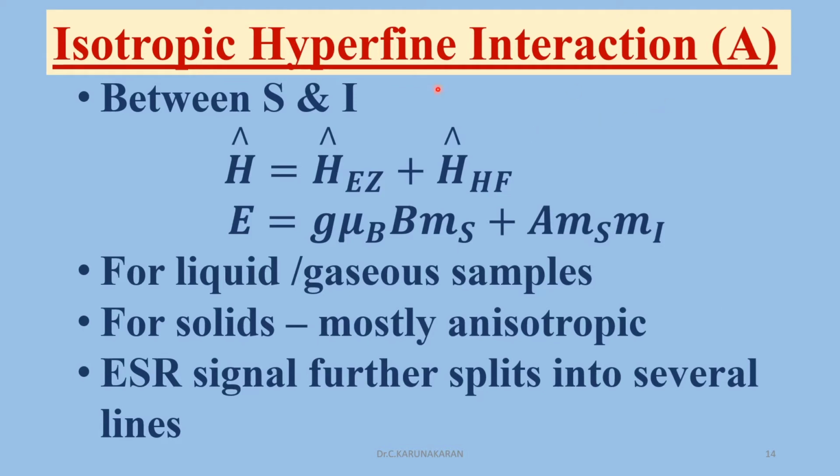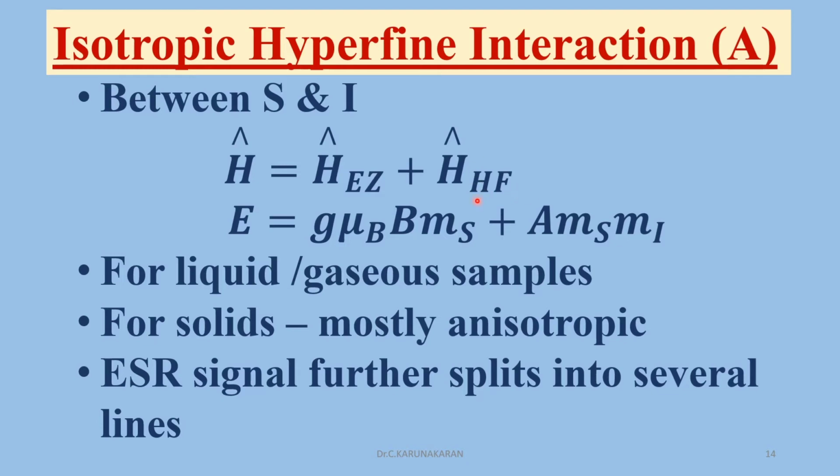Similar to the spin-spin coupling constant in NMR, in ESR we have hyperfine coupling interaction, hyperfine splitting. It is represented by A, whereas in NMR it is represented by J. It occurs due to the coupling between the electron spin magnetic moment and the nuclear magnetic moment. We will see further. The spin Hamiltonian for EPR is H cap equal to H cap electron Zeeman plus hyperfine coupling interaction.